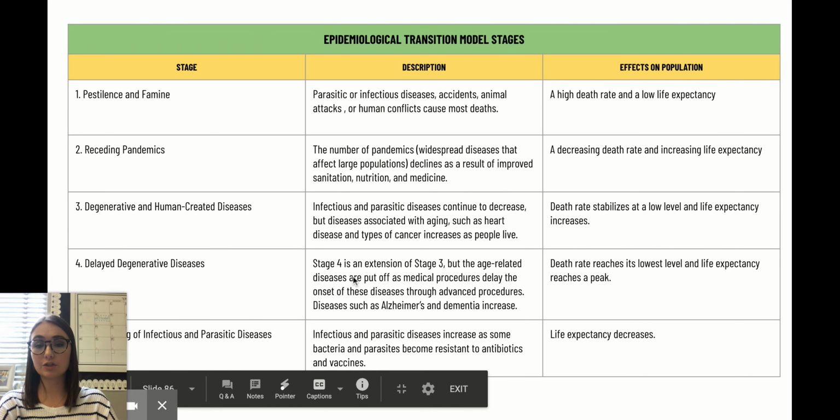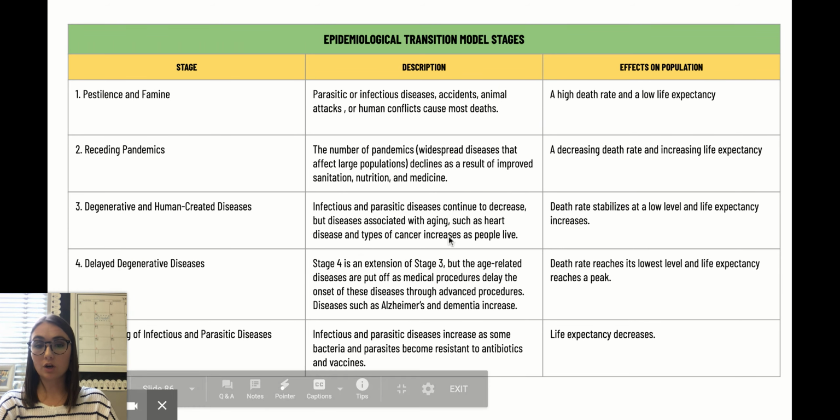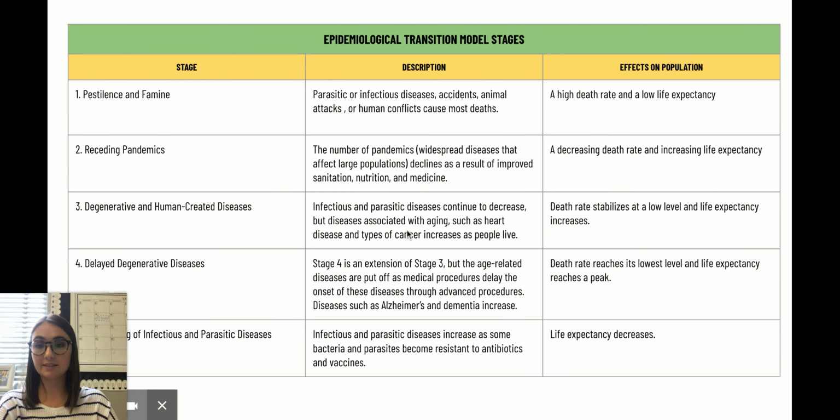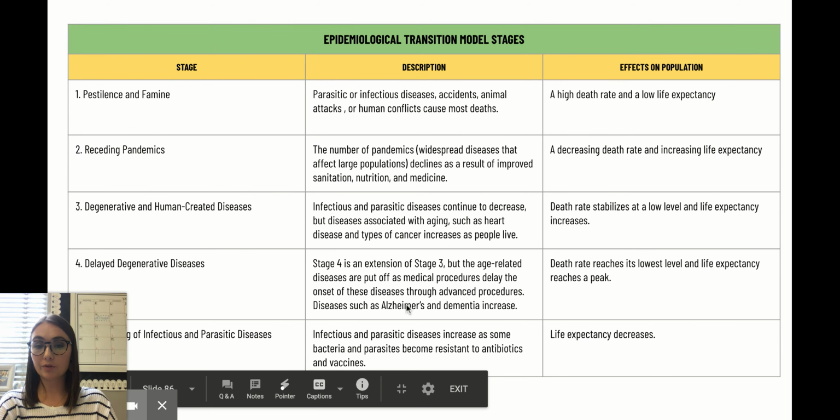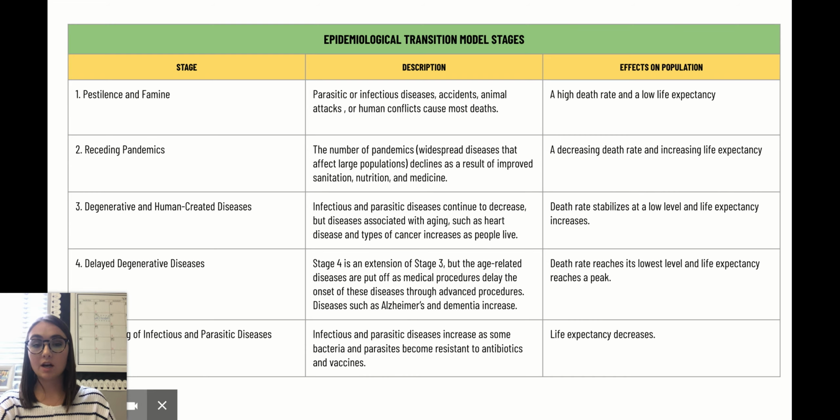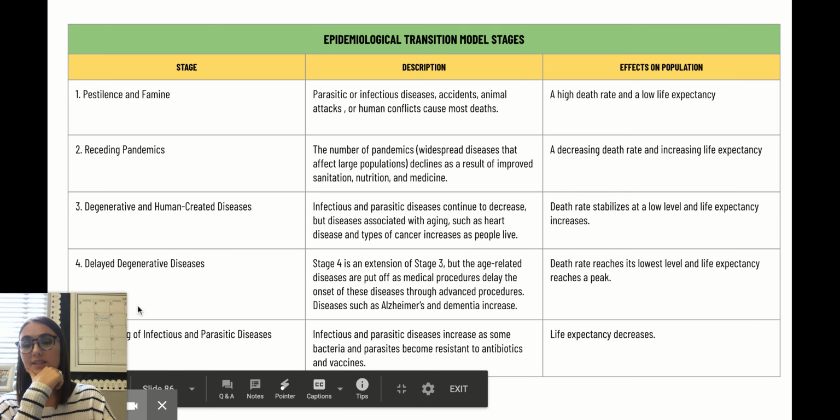So again, stage 4 is just an extension of stage 3, which means countries in stage 4 are still characterized by these degenerative diseases. However, they're just put off because we have the ability to perform surgeries or have advanced medical technology, not just medicine. So that is stage 4.